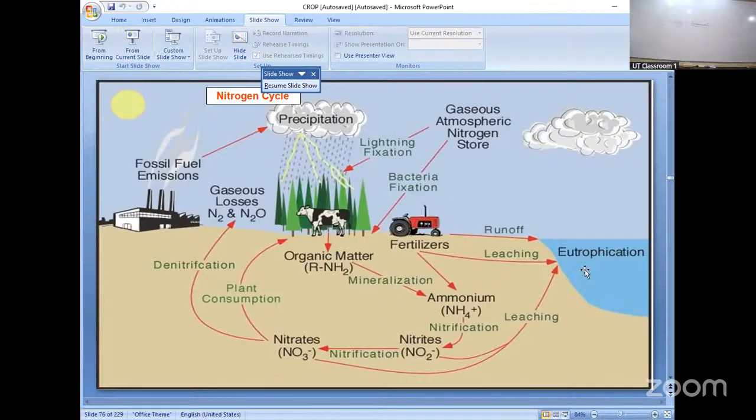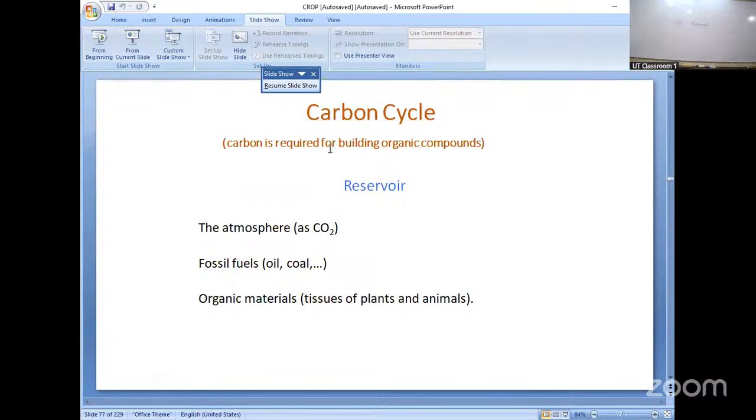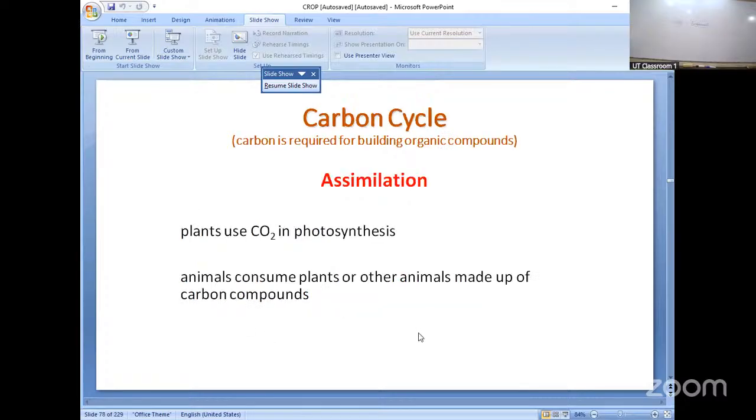Next is the carbon cycle. The reservoirs in the carbon cycle are the atmosphere as carbon dioxide, fossil fuels, and organic materials. Assimilation means that plants use carbon dioxide in photosynthesis, right?